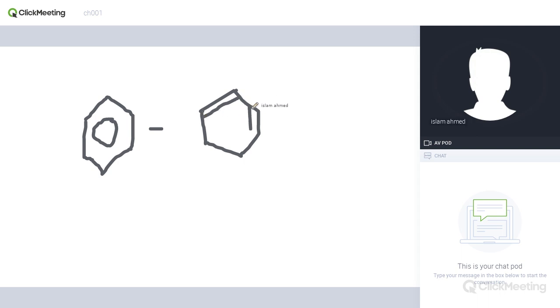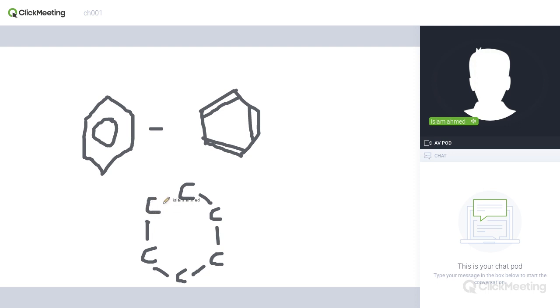The structure has some details here. Here's double bond, single bond, double bond, single bond, and so on. Or the detailed structure, which is time consuming. We will draw the six membered ring benzene with all its bonds and carbons, hydrogens like this.